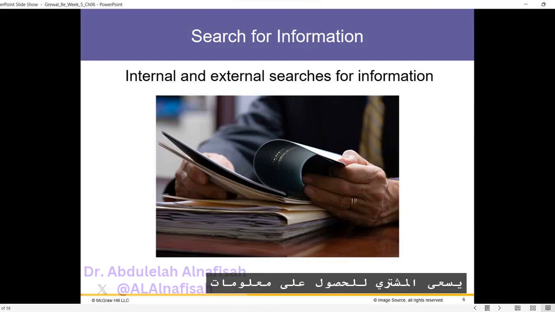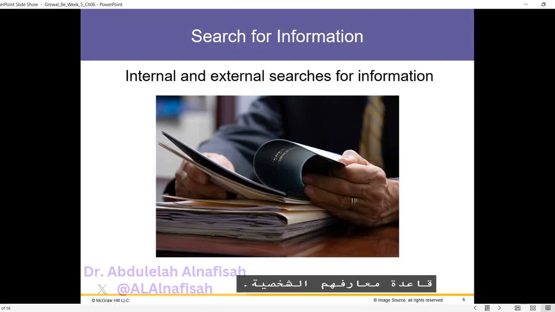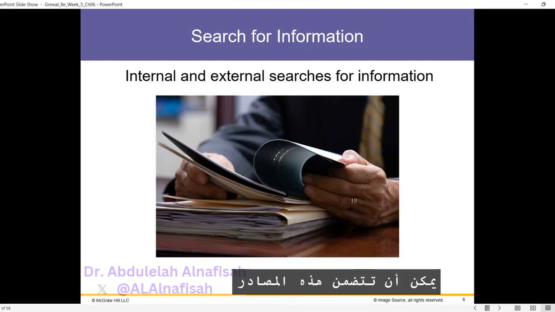In an external search, the buyer seeks information from sources beyond their personal knowledge base. These external sources can include various channels, such as friends and family, online reviews, expert opinions, advertisements, and comparison websites. The aim is to gather more comprehensive and diverse information to make a well-informed buying decision.